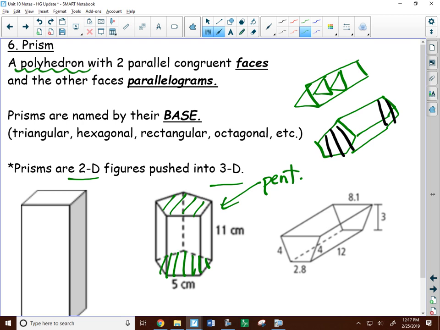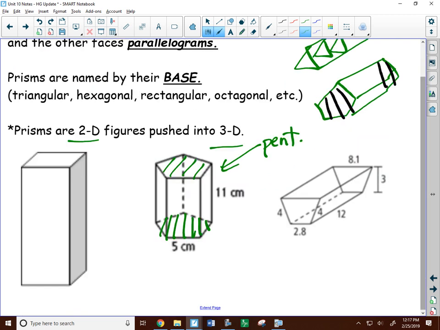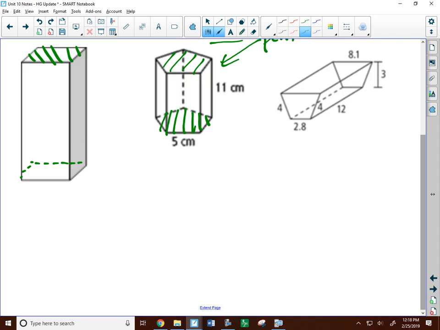Therefore, it's a prism, a pentagonal prism, named by its base. For rectangular prisms, you can choose the top and bottom as the base, or the right and left, or front and back. So sometimes for shapes you can choose. This one only had one choice, top and bottom, that's the base.